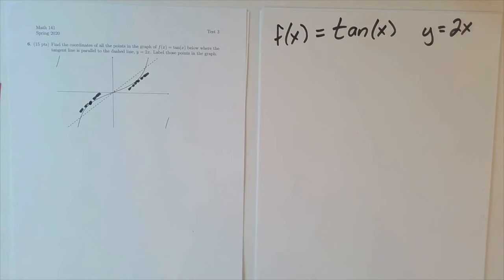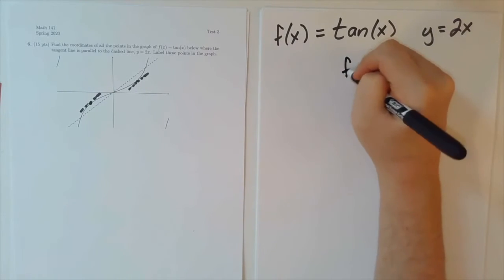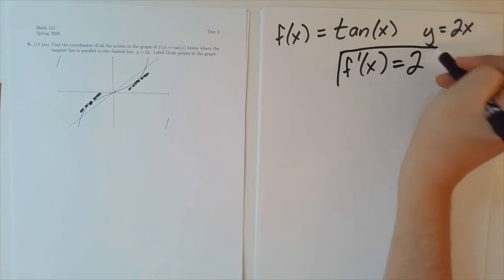And so what I'm looking for is the spots where the tangent line has the same slope as 2x, which is to say I'm looking for spots where the tangent line has slope 2, which is to say I'm looking for spots where the derivative is 2. Okay. That took a bit of unwinding, but to solve this question I want to solve the equation f prime of x equals 2. That's what I need to solve to answer the question.